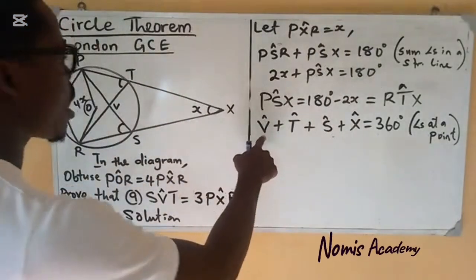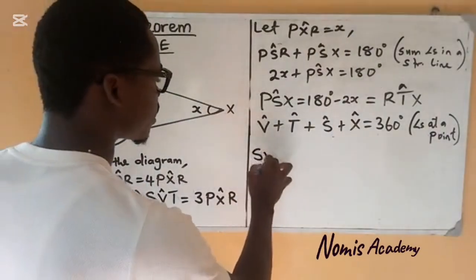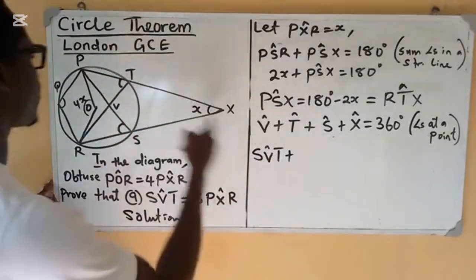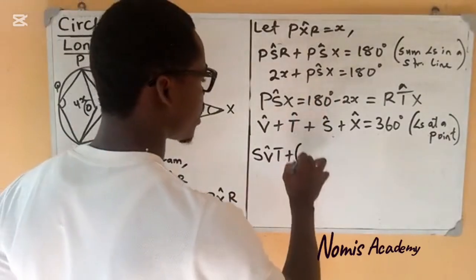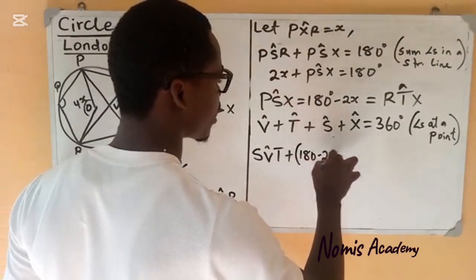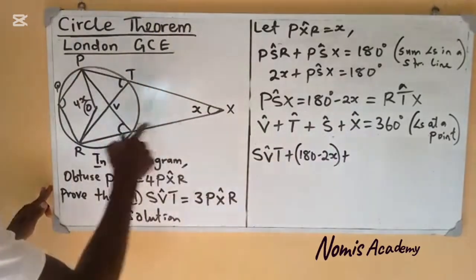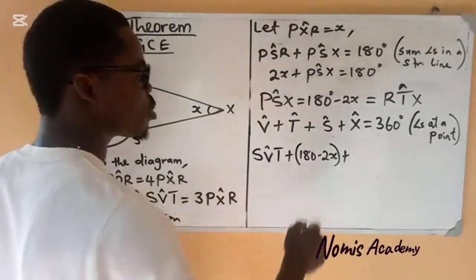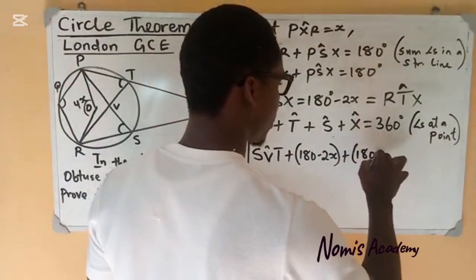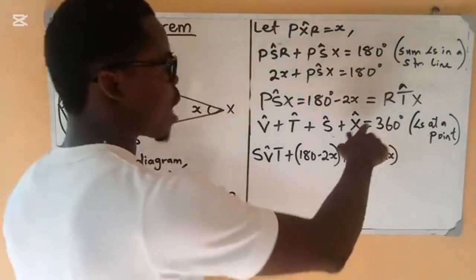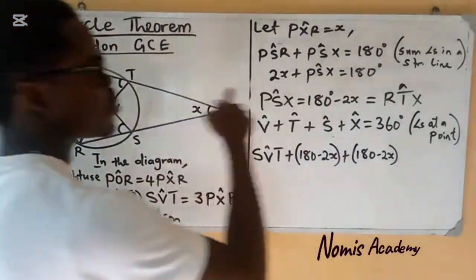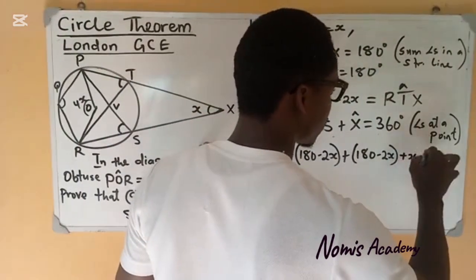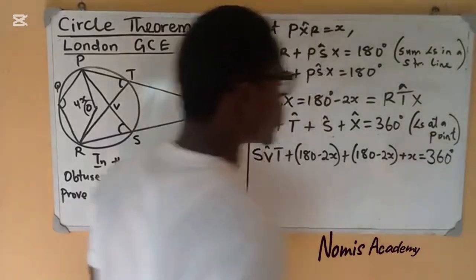Now the angle at V is SVT, plus the angle at T, just like we established, 180 minus 2x, plus the angle at S, which is 180 minus 2x, and then the angle at X is x. Remember, we said let PXR equal x. So we have plus x equal to 360 degrees.